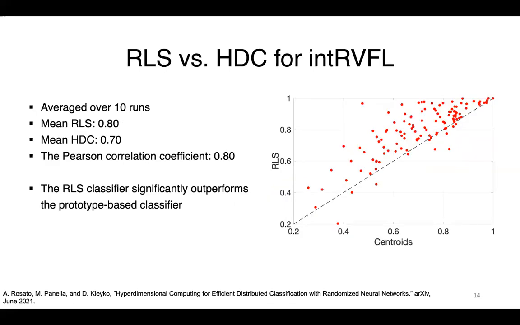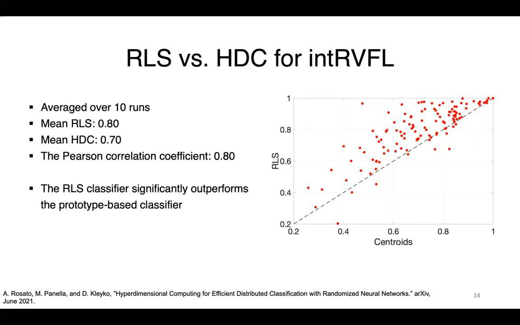And so we can run experiments to examine the performance of the HDC classifier more concretely. Rosado et al. ran an experiment comparing the RLS and HDC classifiers on the UCI datasets. Both classifiers were trained on the activations of intRVFL, and accuracies were averaged over 10 independent runs on the datasets.